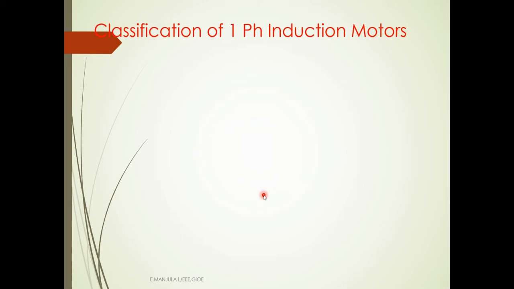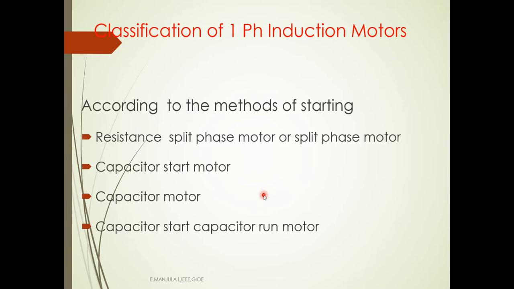Now we will see the classification of single phase induction motors. How many types of induction motors are available? According to the methods of starting, there are almost five types: resistance split phase motor or split phase motor, capacitor start motor, capacitor motor, capacitor start and capacitor run motor, and shaded pole motor.